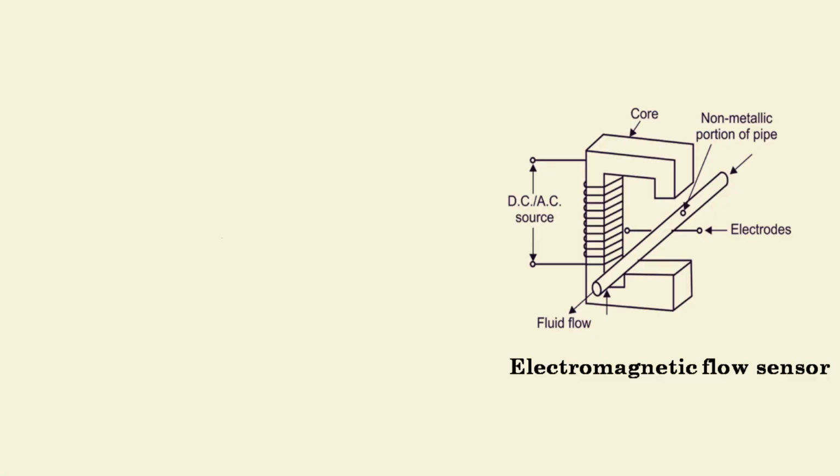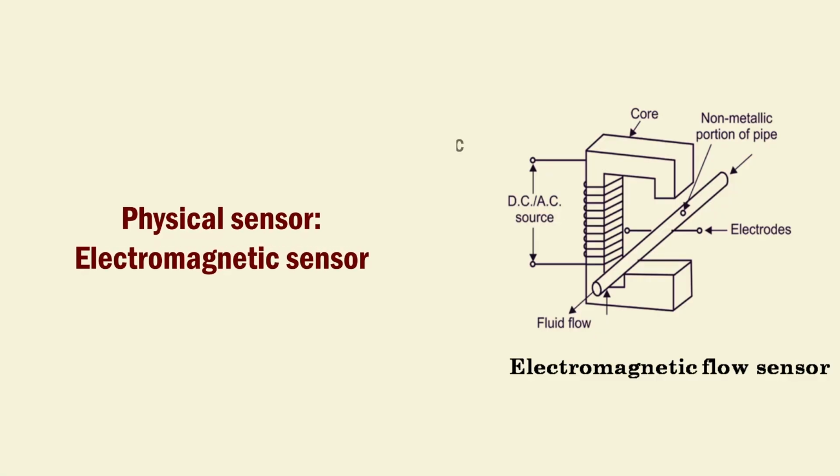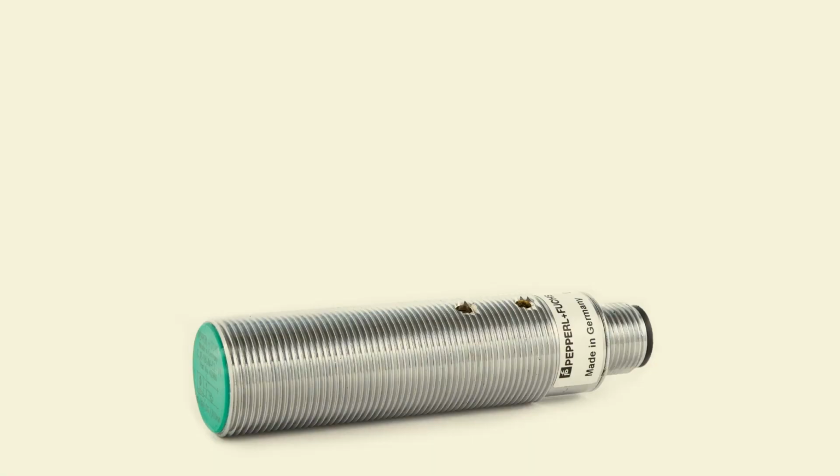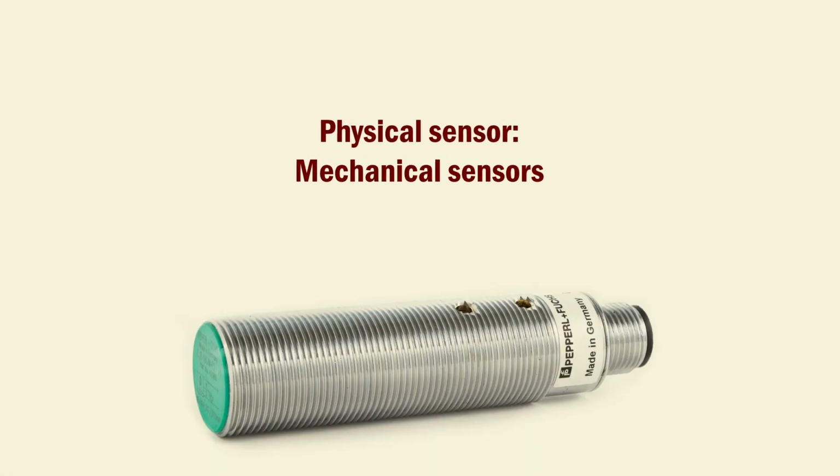Next is the magnetic sensor that can be used for flow measurement, and mechanical sensors that can be used to measure physical quantities like blood pressure, weight, force and displacement.